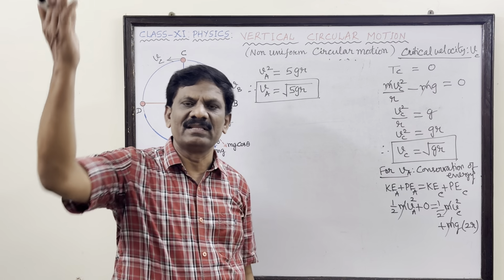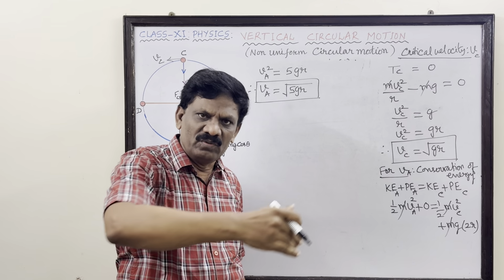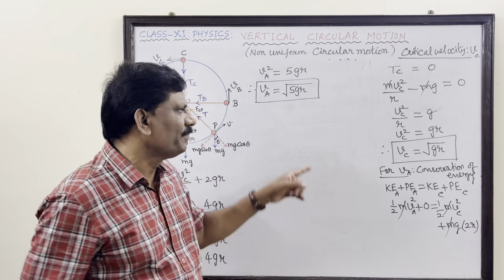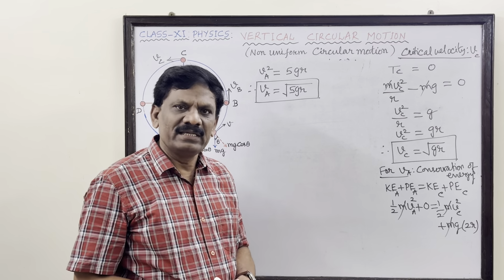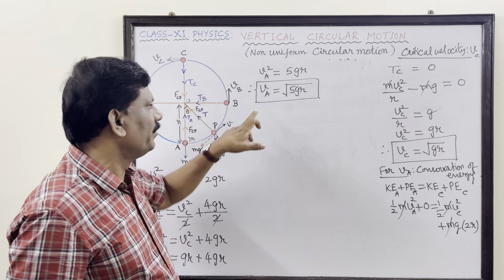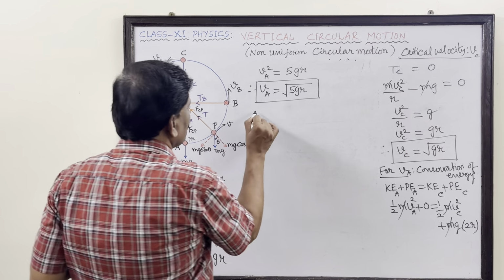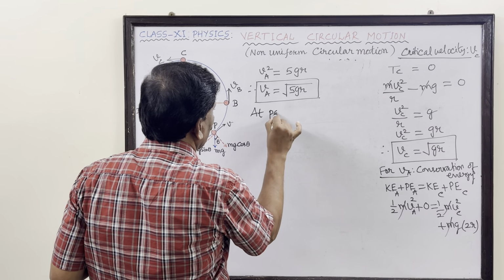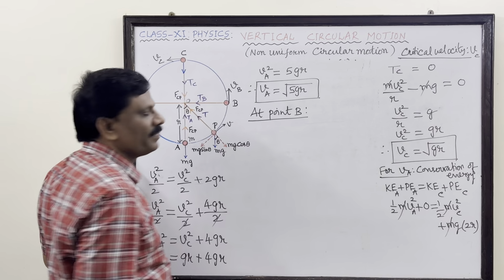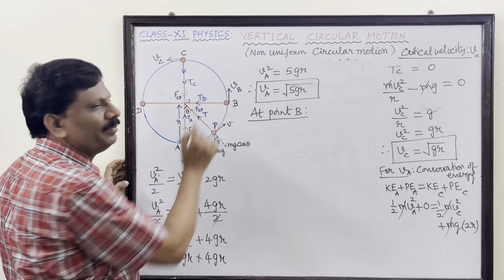Means what is happening when the body is descending downwards from the highest point to the lowest point, the velocity increases. Suppose in between one point B or D, let us take B for example. So at point B, I want to find the velocity VB.